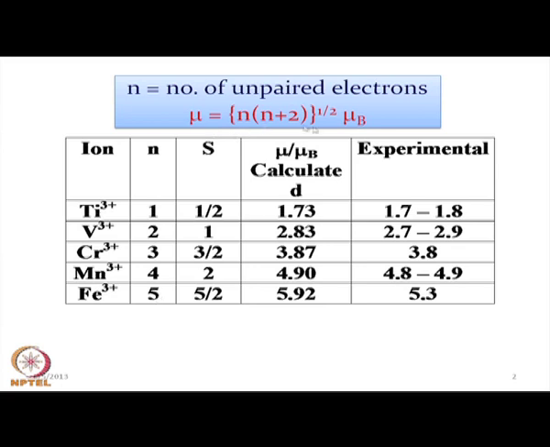If we put n equal to 1 or n equal to 5 in this equation, we get the corresponding mu values, where mu B is nothing but the Bohr magneton, and we can calculate it out. The calculated values of the corresponding magnetic moments are 1.73, 2.83, up to 5.92.